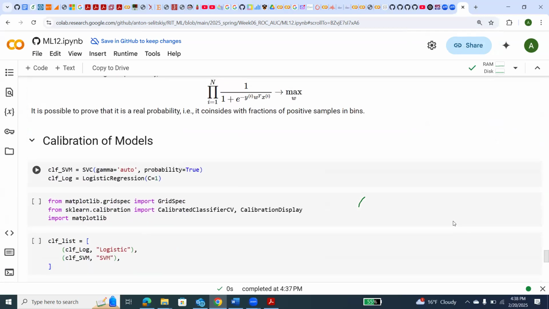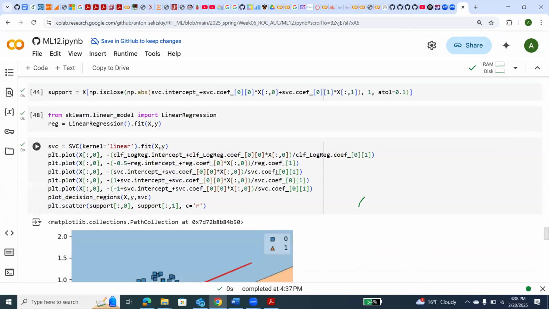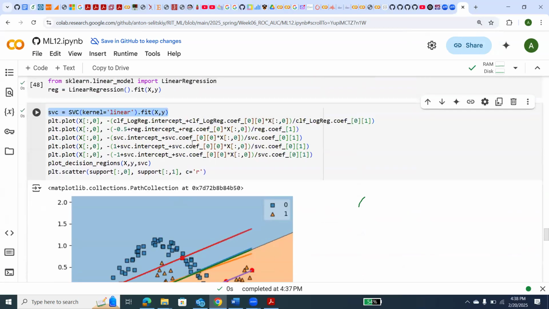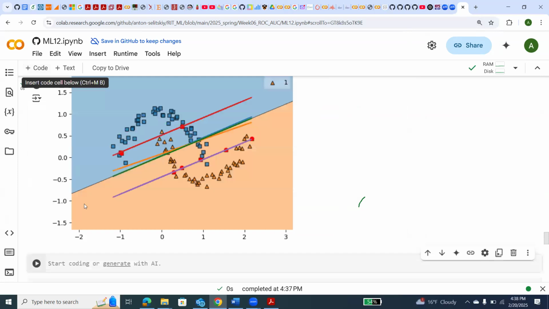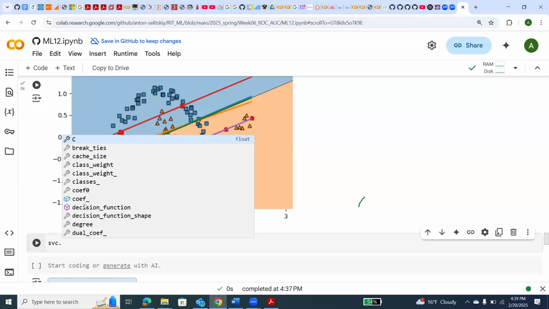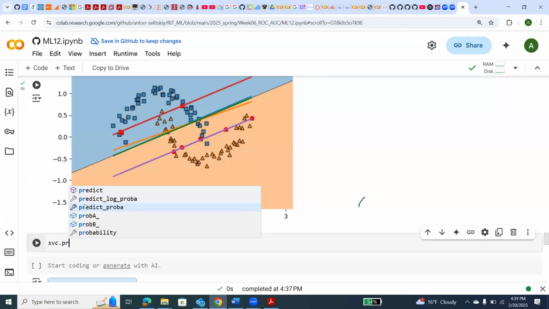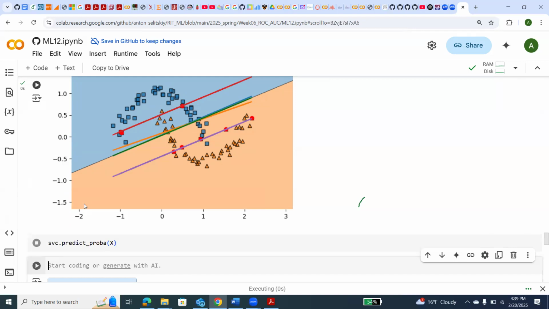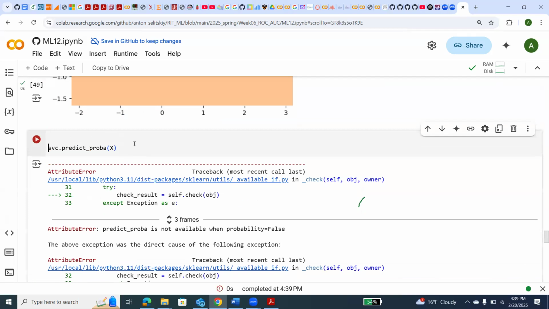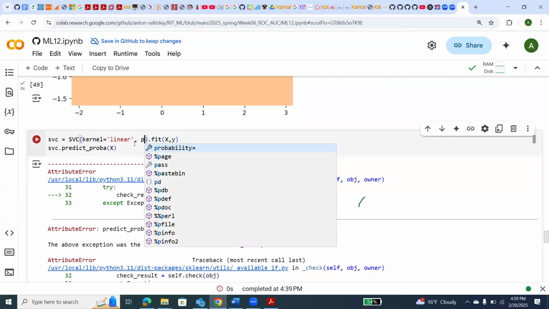For example, our support vector machine also has it, but if I just call predict_proba, I will get an error, because to call it you should use the parameter probability equals true.